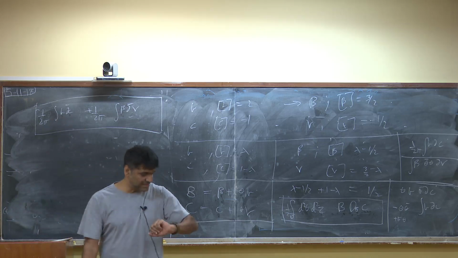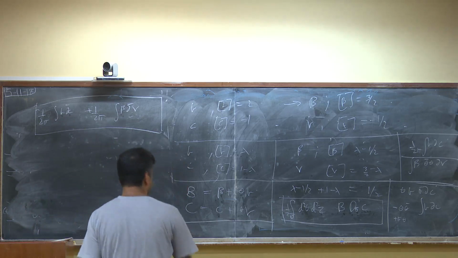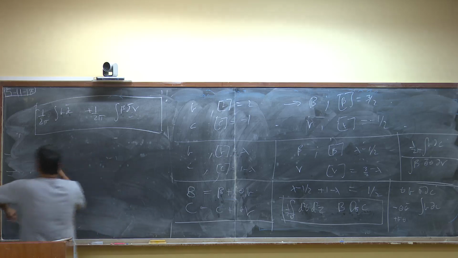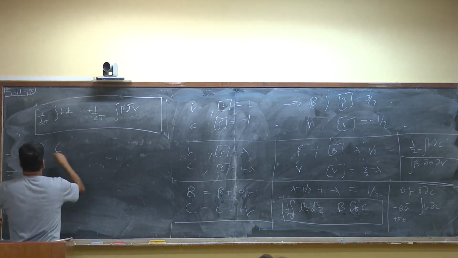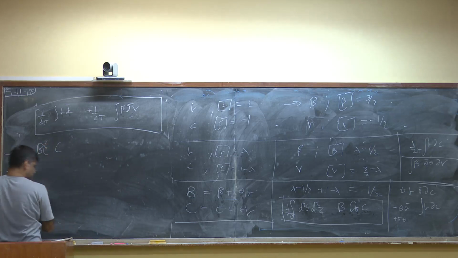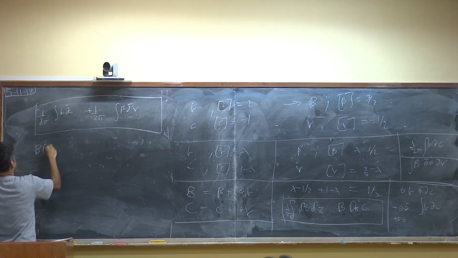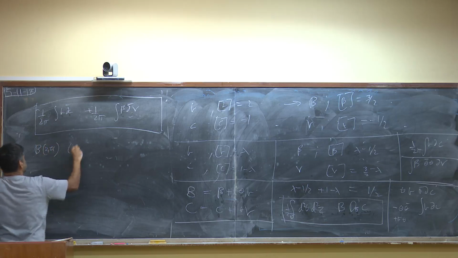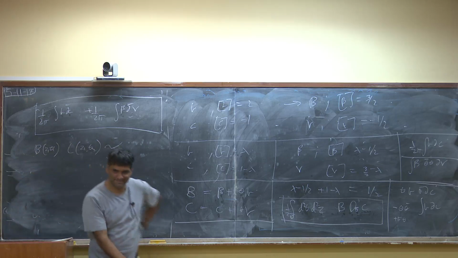Now we have to study the system a little more. Okay, so in order to study the system, what we're going to do is first look at what the BC commutation relation is. BC is equal to what? With some graded commutation rules, right? Oh sorry, BC OPE. B of Z1 theta 1, C of Z2 theta 2 is equal to what?